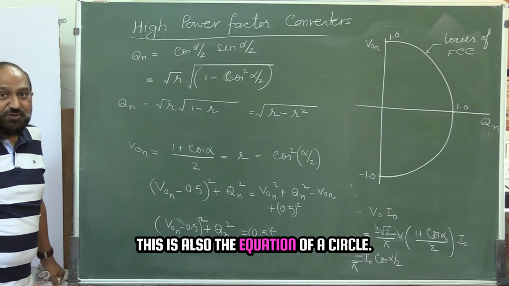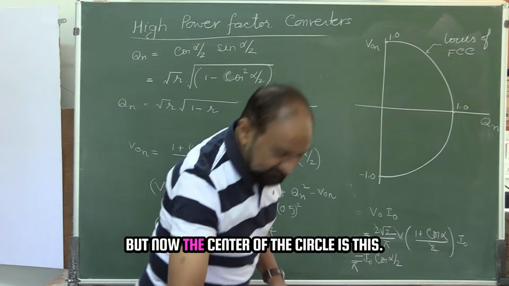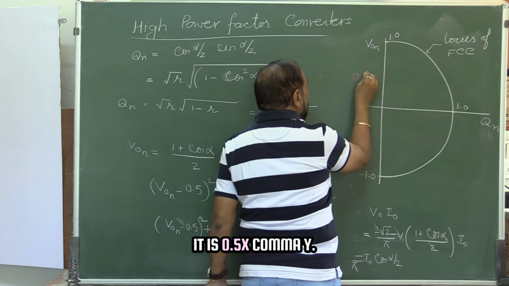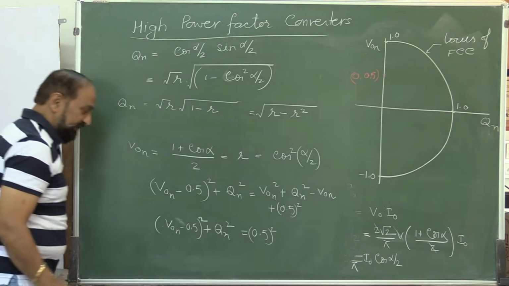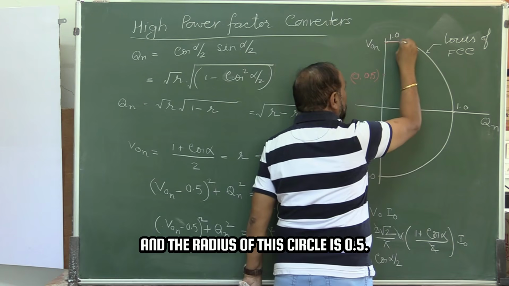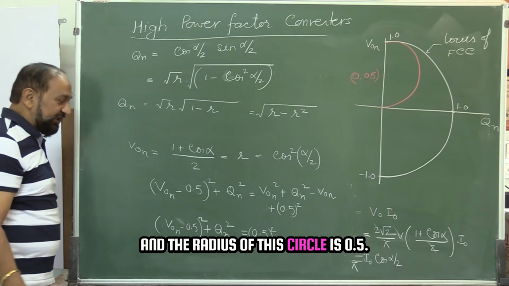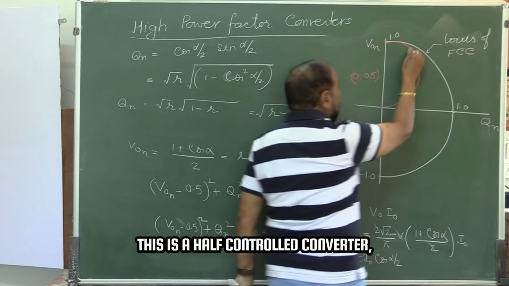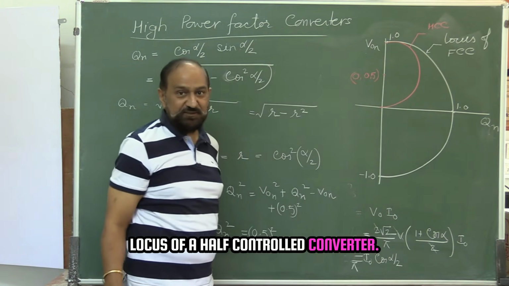This is also the equation of a circle, but now the center of the circle is 0.5, 0, and the radius of this circle is 0.5. This is the locus of a half controlled converter.